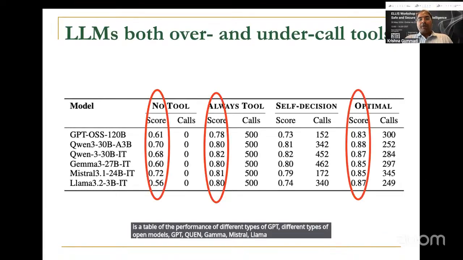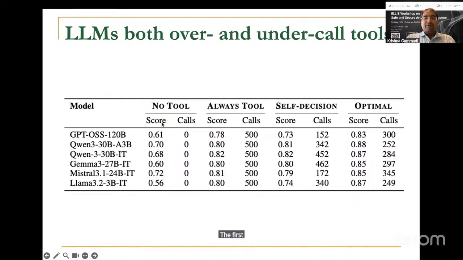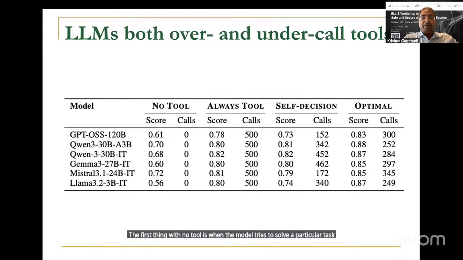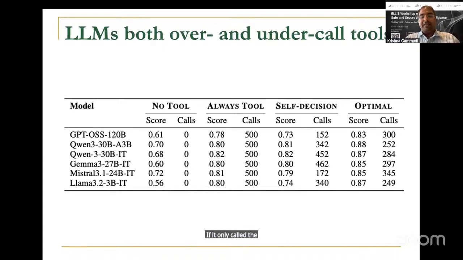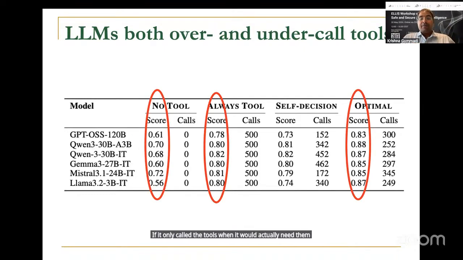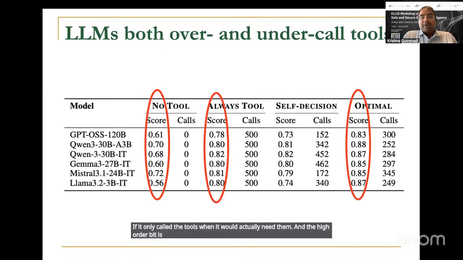And what we're showing here is that the first thing, no tool, is when the model tries to solve a particular task only by itself in a standalone fashion. And always tool is if we forced it to always call the tool, how would it perform? Versus optimal is what would have been the best case scenario if it only called the tools when it would actually need them. And the high order bit is calling tools does help improve performance.